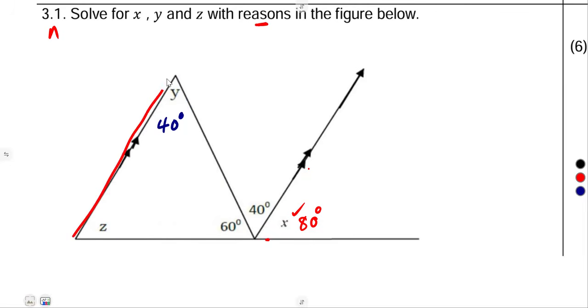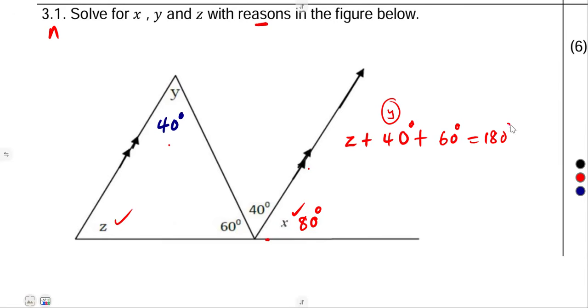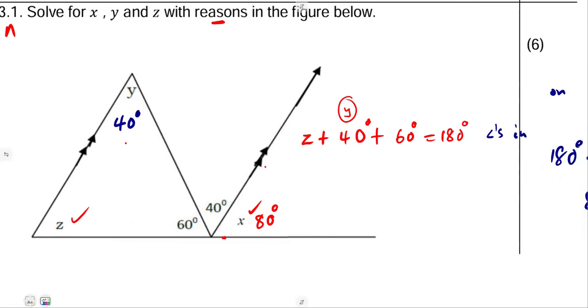Angles in a triangle here. We can work with that one. All right, angles in a triangle. That's if I add the z plus the 40 degrees representing the y that I calculated plus the 60 degrees, we must obtain 180 degrees, angles in a what? Angles in a triangle.